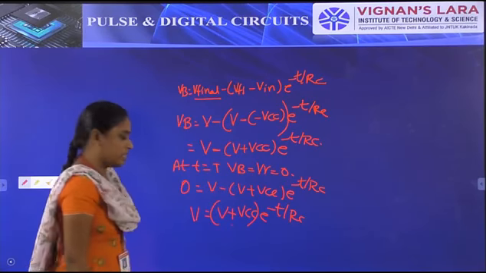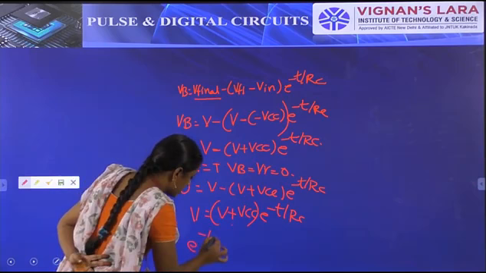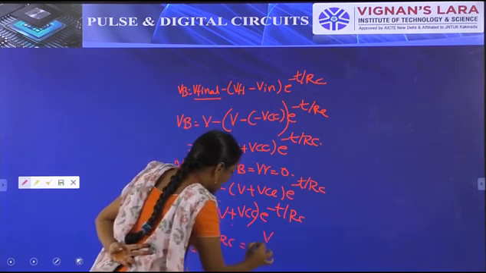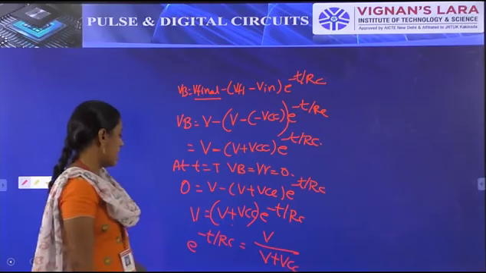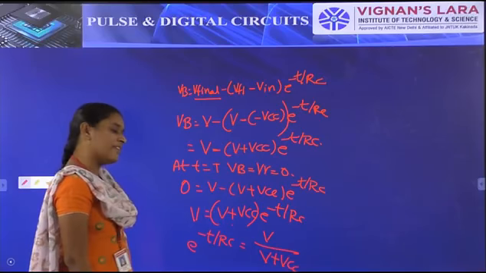What is the e power minus T by RC value? E power minus T by RC is equal to V by (V plus VCC), and what is the e power T by RC?